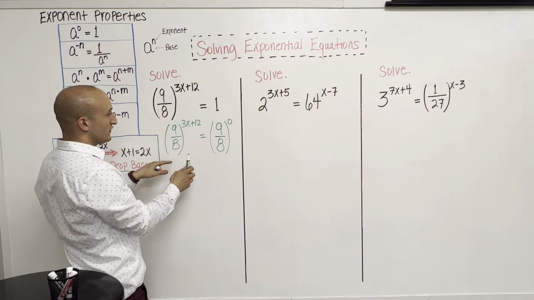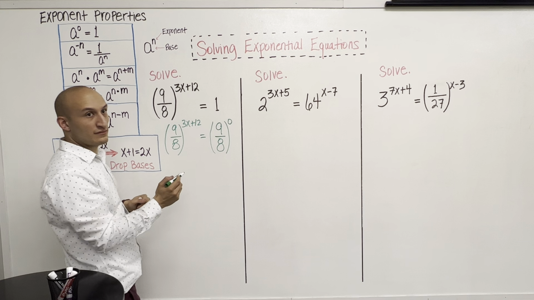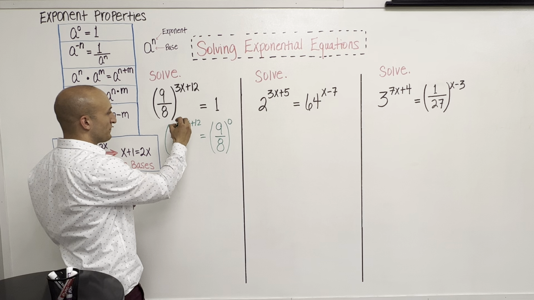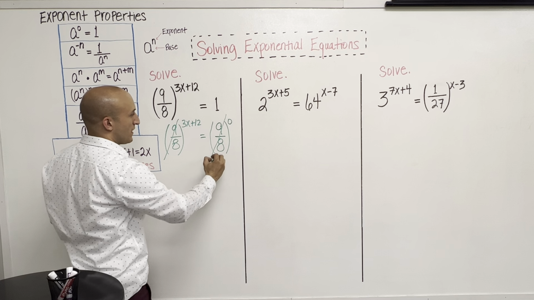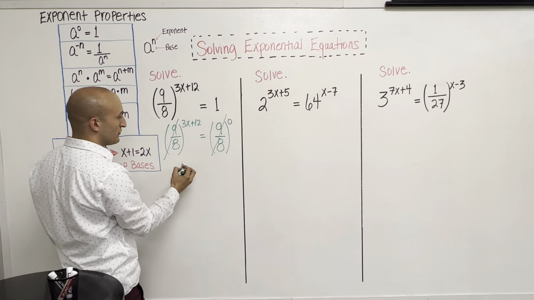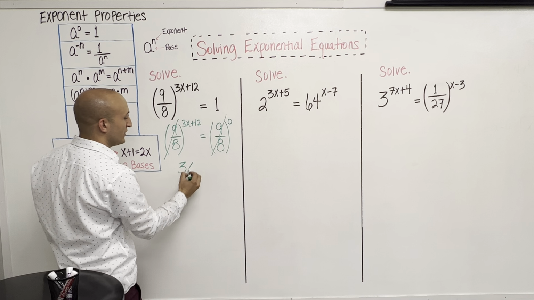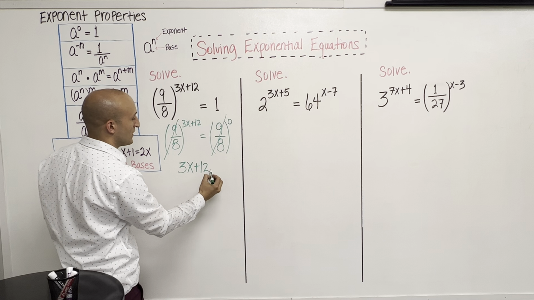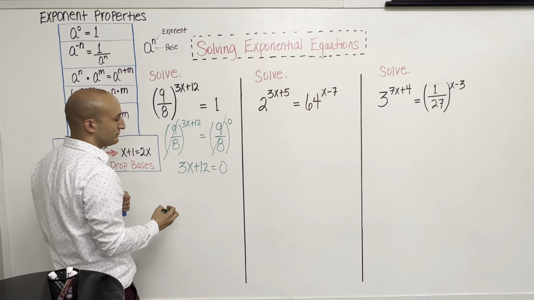And that's perfect because I have the same base now. So I can get rid of those bases. Then I'm just left with the exponents. So it would be 3x plus 12 equals 0.